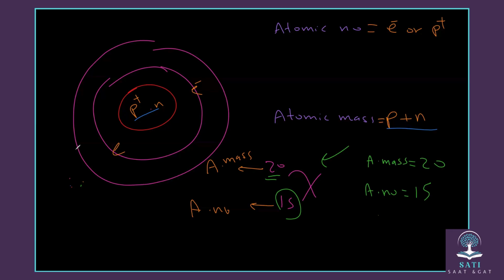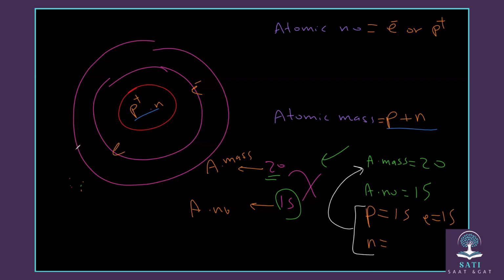Okay, now the number of protons is the same as the atomic what? Number. So that means it is what? 15. What about electrons? Electrons also equal the same atomic number, which is what? 15. Okay, what about neutrons? Protons and neutrons, these two represent what?